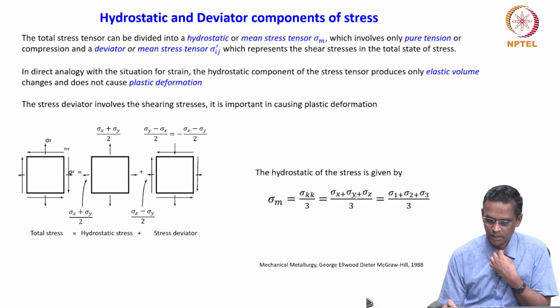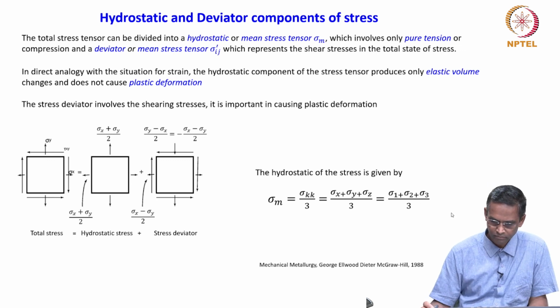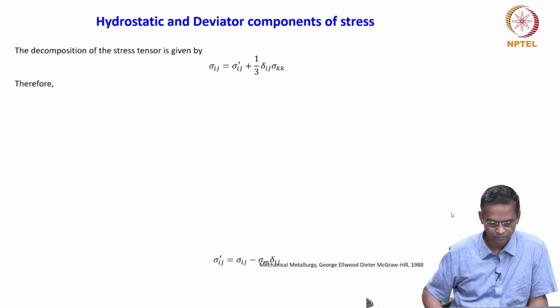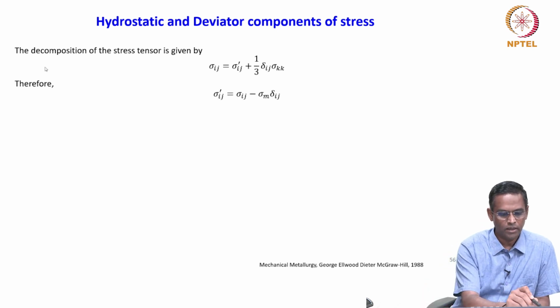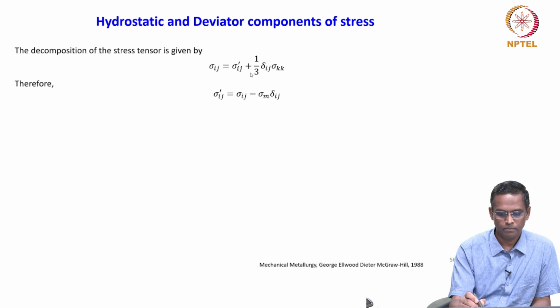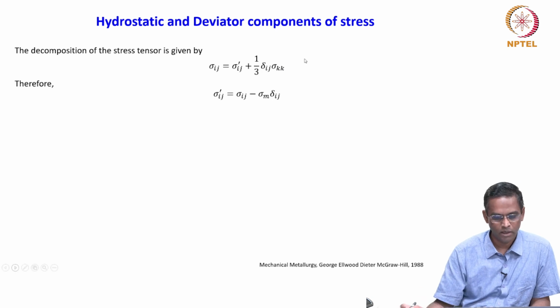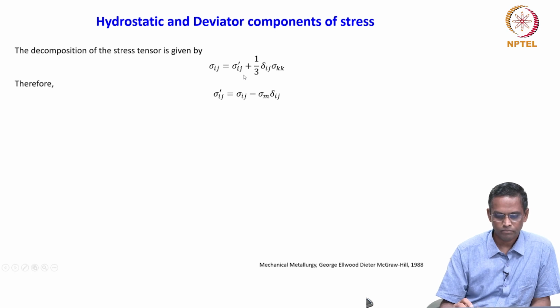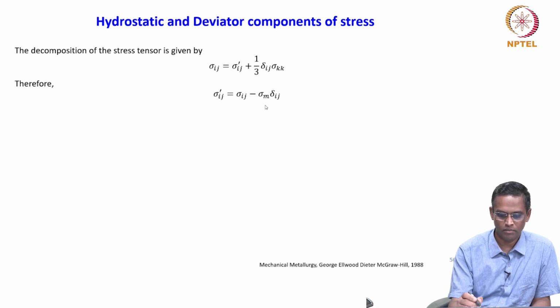Here it is sigma x plus sigma y plus sigma z divided by 3. In the tensorial notation, the decomposition of the stress is given by sigma ij is equal to sigma ij prime plus 1 by 3 delta ij times sigma kk. You rearrange this to get the stress deviator, and then it takes this form.